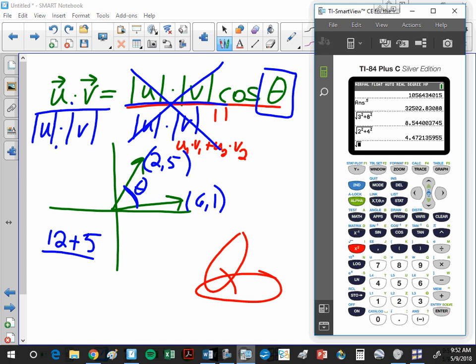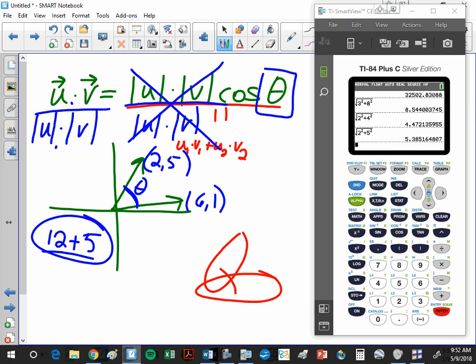So the square root of 2 squared plus 5 squared is 5.38. So I'm going to take 17 and divide it by 5.38. And then I'm going to divide that by the square root of 6 squared plus 1 squared. What is that? Right, now I need to do the inverse.